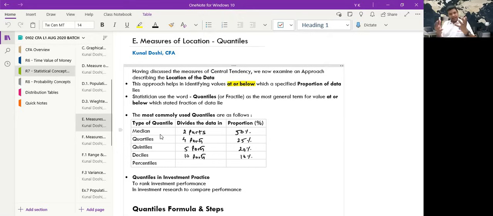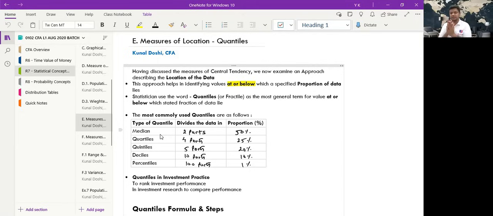And percentile, which we all know, divides the data into 100 parts, so every part is 1%. So median divides the data into 2 parts, each with 50%. Quartiles 4 parts, quintiles 5 parts, deciles 10 parts, and percentiles 100 parts.